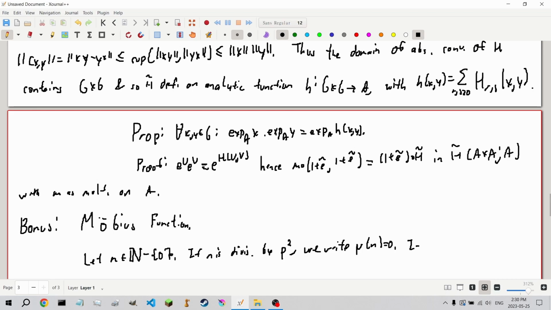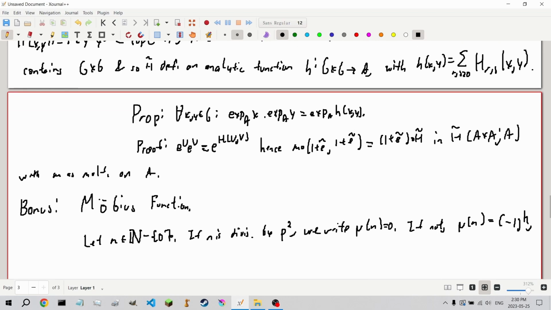If not, then we write that mu of n is minus 1 to the k, where k is the number of prime divisors of n.